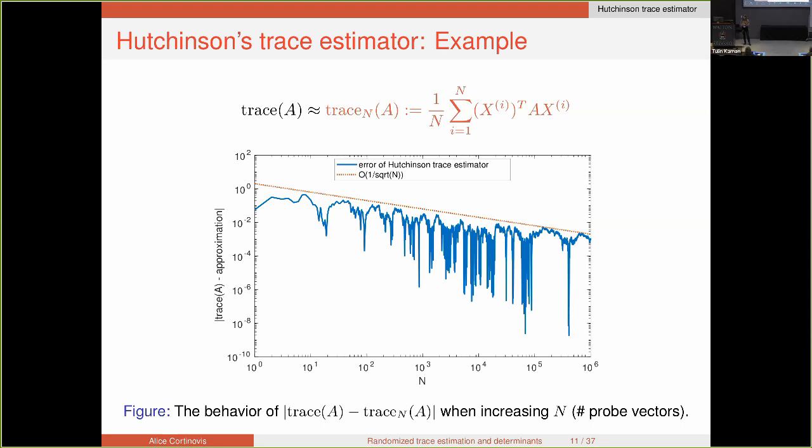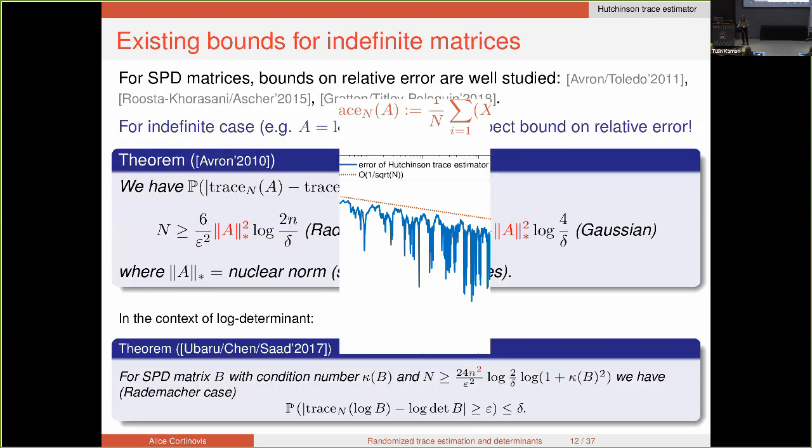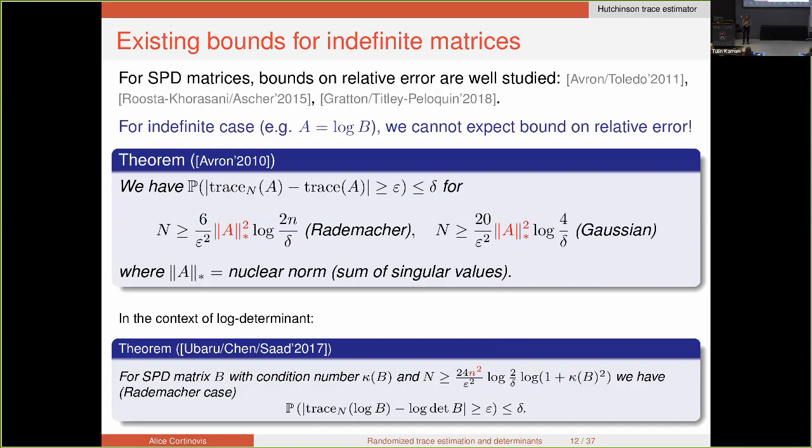So now in the rest of this first part, I would like to tell you a bit more about this big O thing, to give you more precise convergence results for this Hutchinson trace estimator. We focused on indefinite matrices.